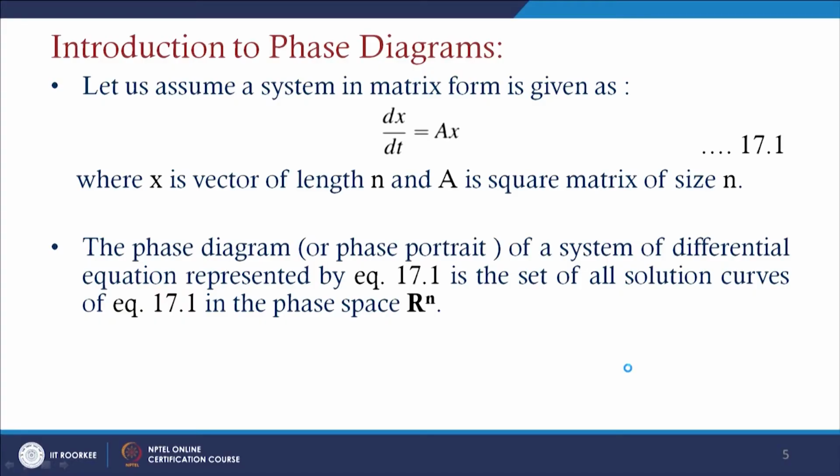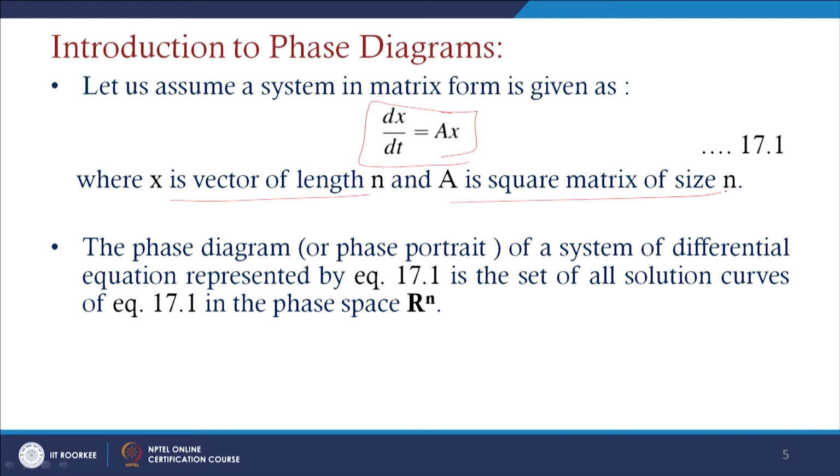Let us assume a system of the matrix. Suppose we are going for this phase diagram here. First we consider a first order linear equation in the form dx/dt = Ax. If it is a system of equations, then x is a vector of length n and A is a square matrix of size n.